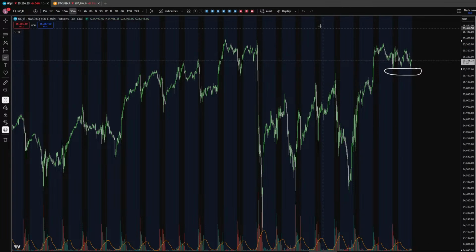Okay, this is the first play I would chase. The second play would be a short up here, although we might be very, very cautious and analyze how the market is running there.